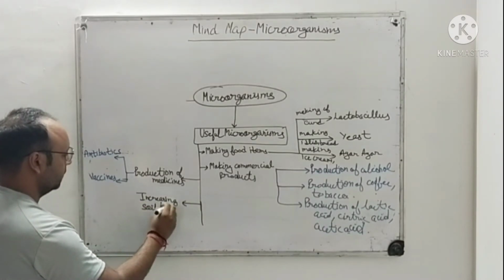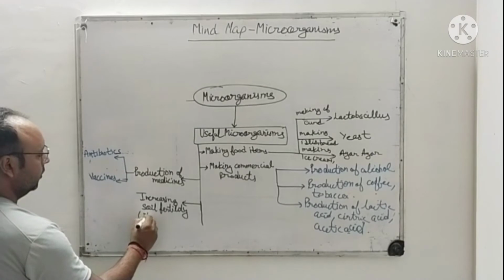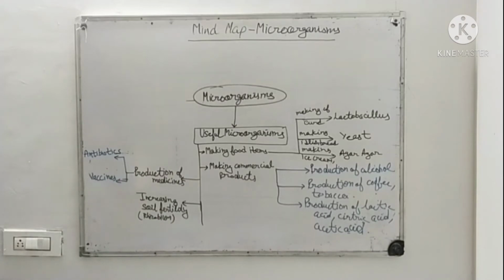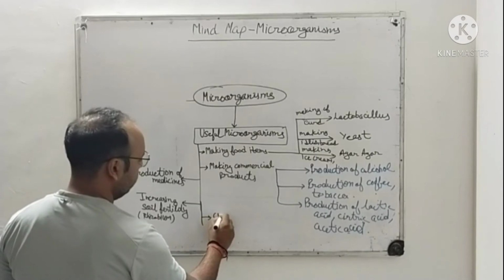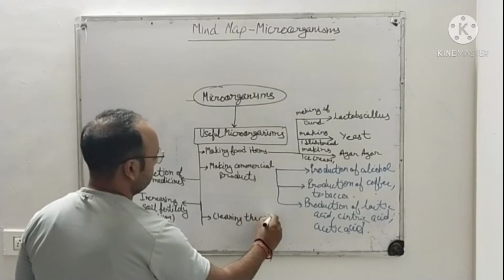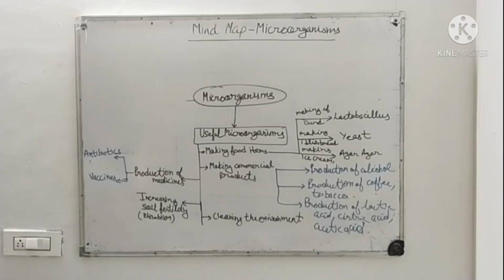In increasing soil fertility, we can mention here also rhizobium is the bacteria, right, which helps in increasing soil fertility. Then next we have cleaning the environment. So dear children, these all are the uses of microorganisms, that how they are helpful for us. So we can explain like this.